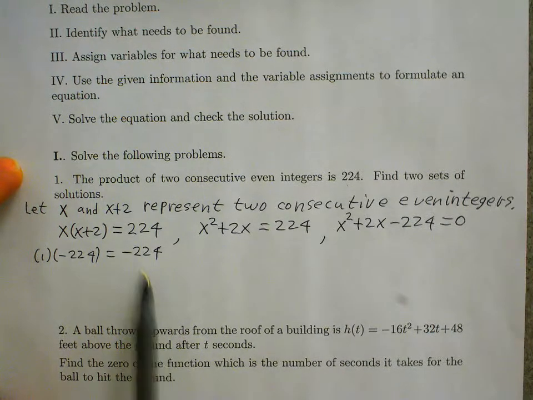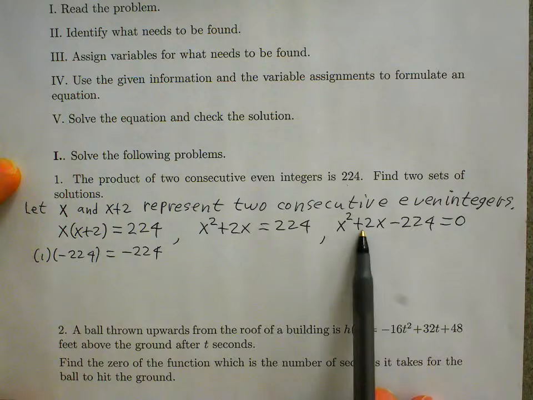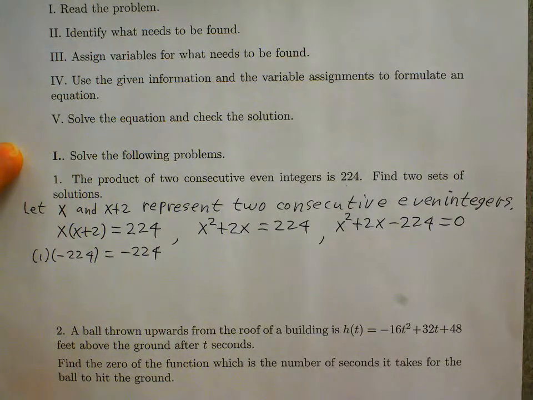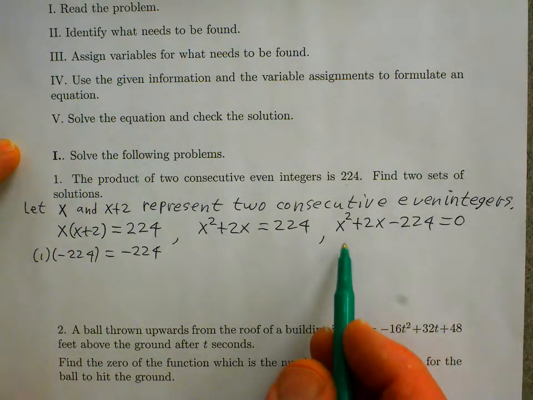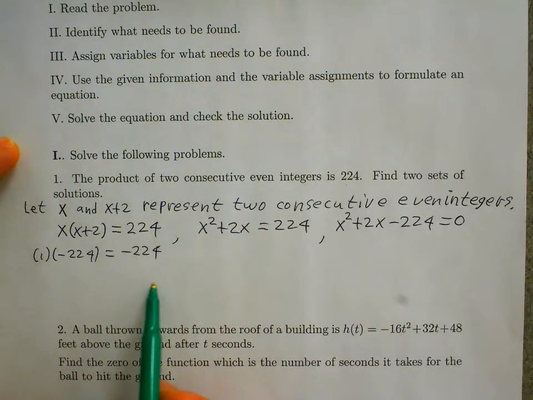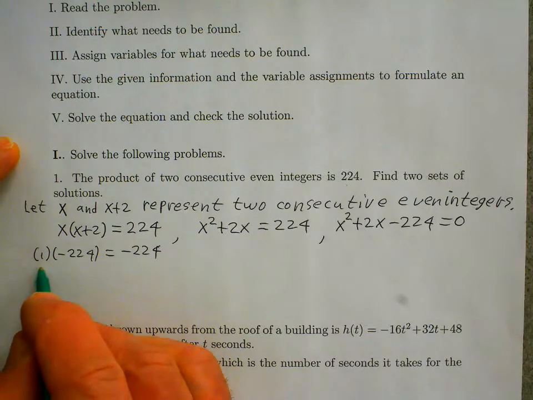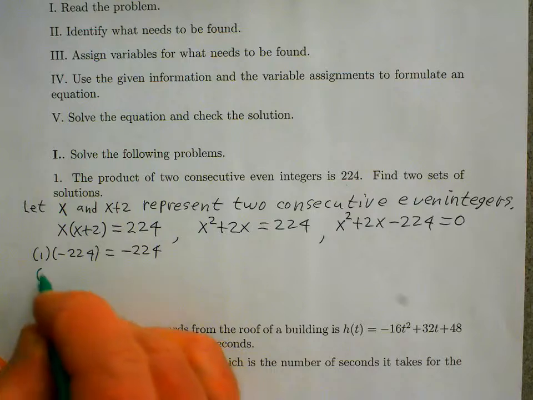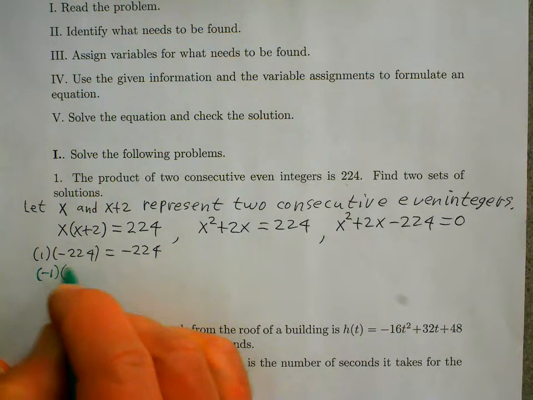Okay, so if the product of two numbers is negative, one must be positive and one must be negative. And if they add up to positive 2, then the one with the largest absolute value is positive. So let's practice our systematic approach to finding the numbers. We'll pick pairs of integers so that the one with the largest absolute value is positive. So negative 1 and positive 224.